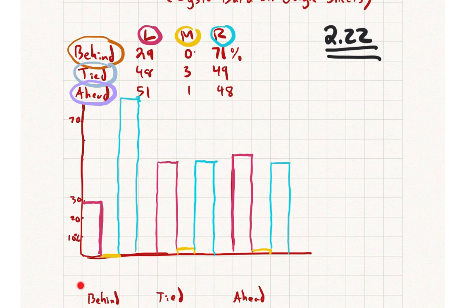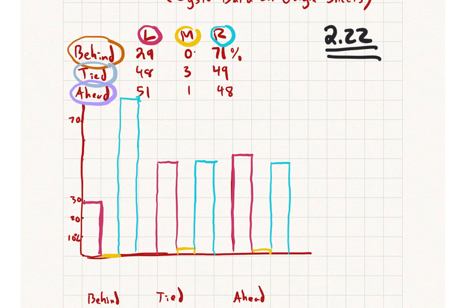You can see in the behind category, here is the bar for left. That goes all the way up to 29%. They didn't stay in the middle, so there's no bar in the middle. And they went to the right 71% of the time, which is somewhere around here.